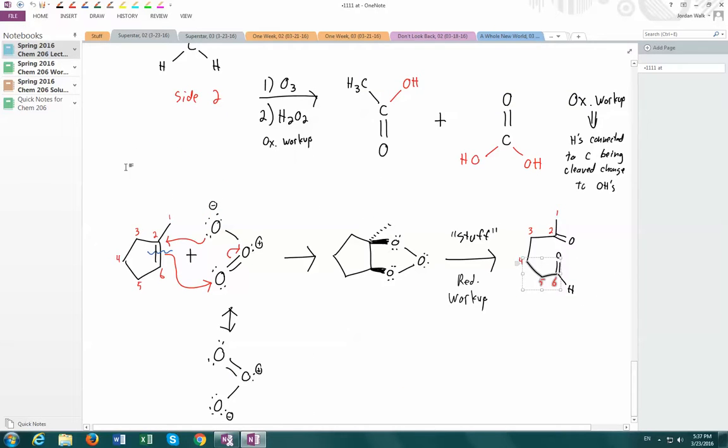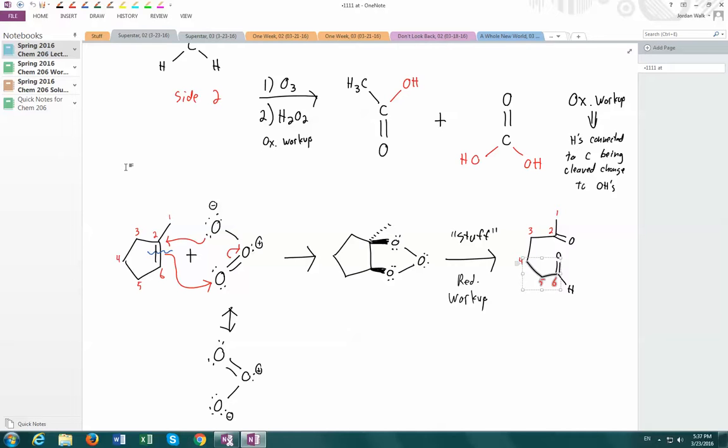And so we're cleaving this part, but carbons 2 and 6 are still connected together through the other part of the ring, right? And so we end up basically just opening up the ring. We don't end up with two products in that case. If you cut one side of a tire, you still got one thing.